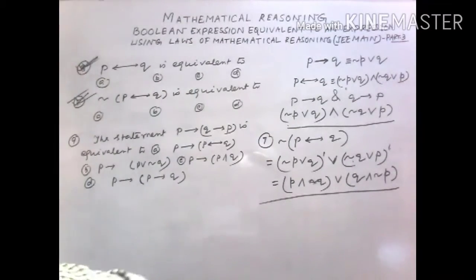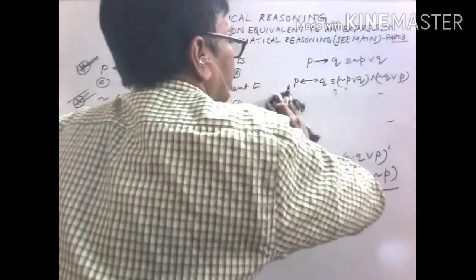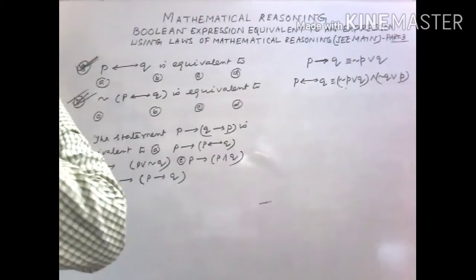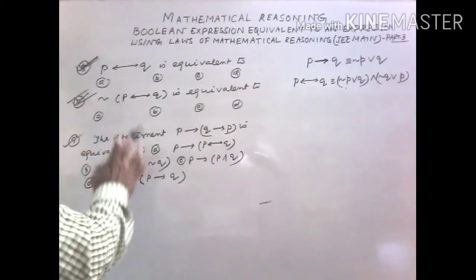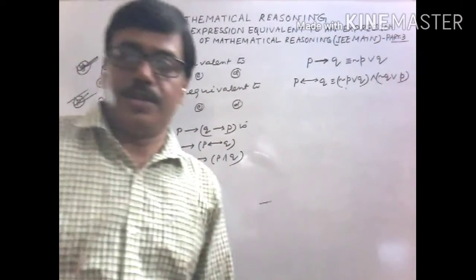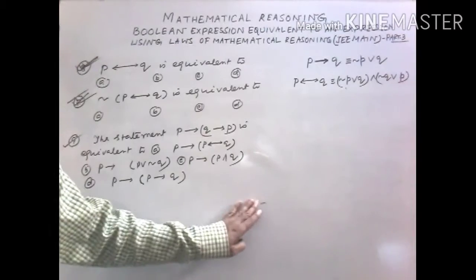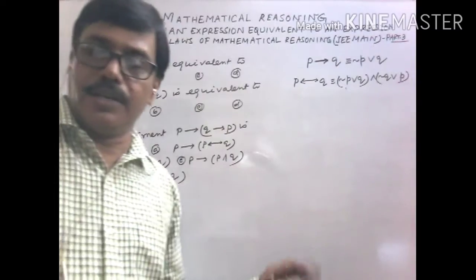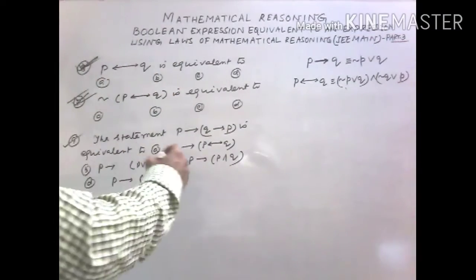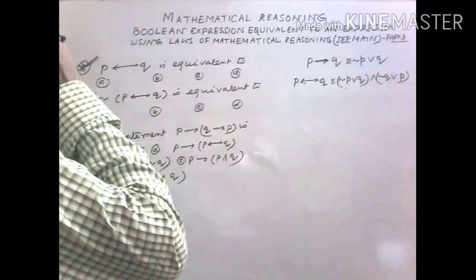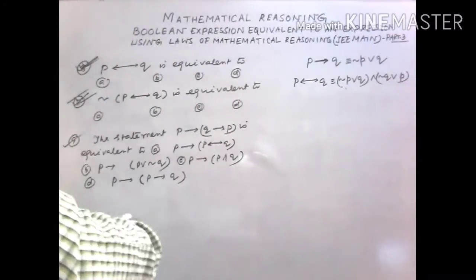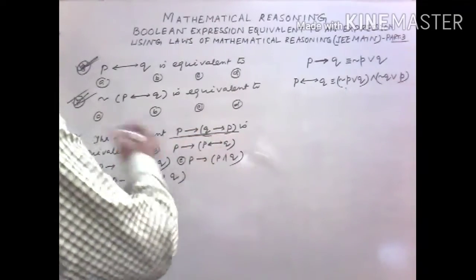Now problem number 9. The statement is equivalent to. We can also solve it by using a truth table, as I have already stated. But if we use the algebra of statements, it will not be lengthy.